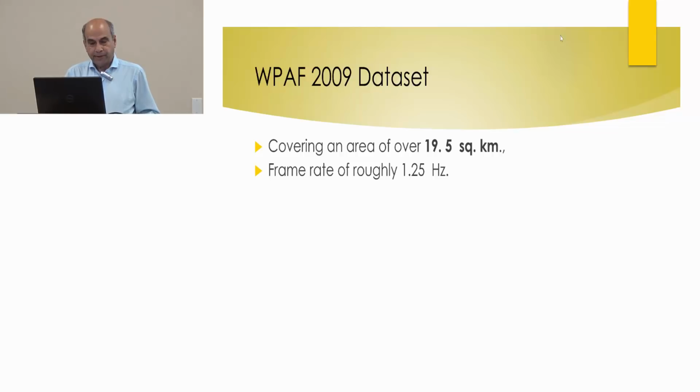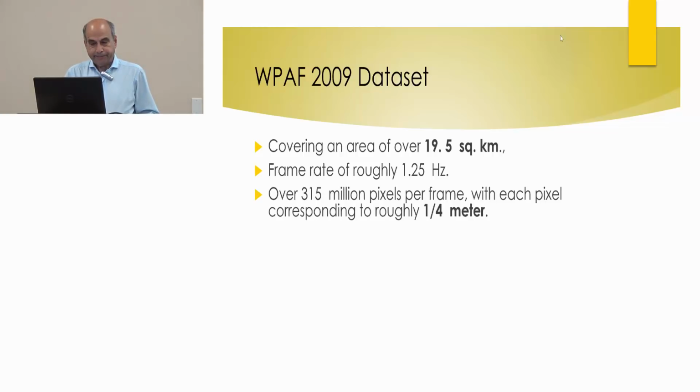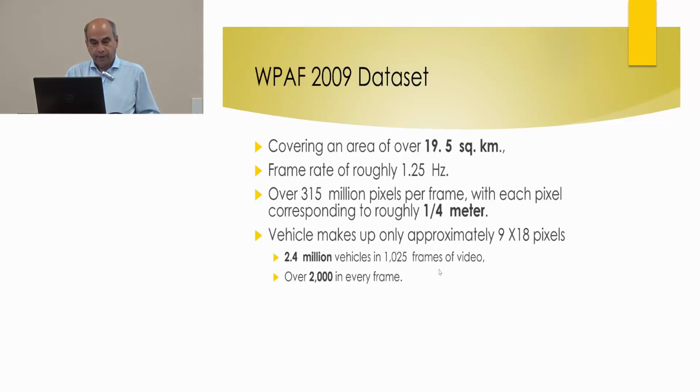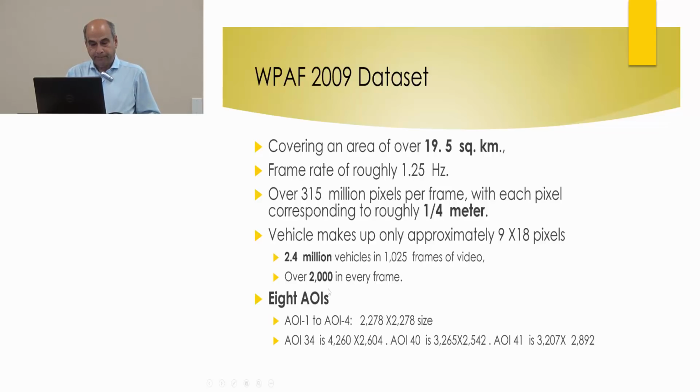It's about 1 hertz, and there are lots of pixels. The resolution is large, and each pixel roughly corresponds to 1/4 meter, and we have many vehicles, about 2.4 million vehicles in these frames, typically 2,000 in every frame.